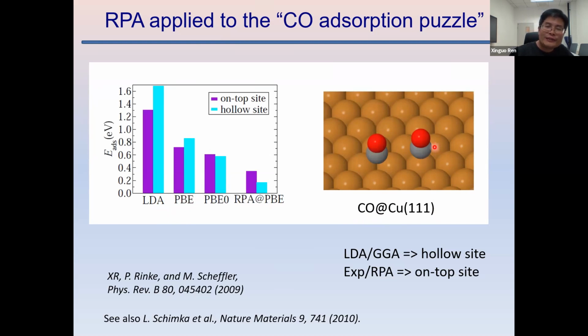But the experiments tell that the top site is actually the most stable adsorption site for CO. We did the calculation by climbing this Jacobi ladder from LDA to PBE to hybrid functional and finally to RPA. One can see that at the level of RPA, indeed, the order of the adsorption energy is reversed, and the top site is indeed the most stable adsorption site.